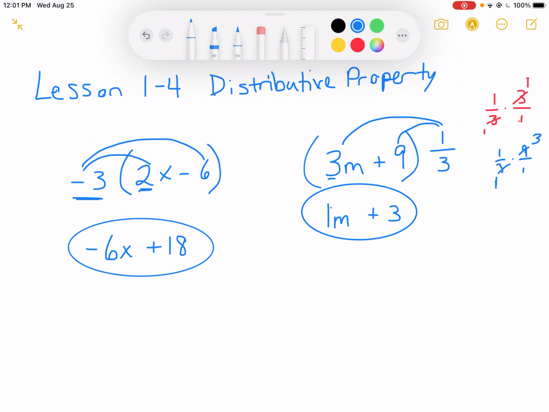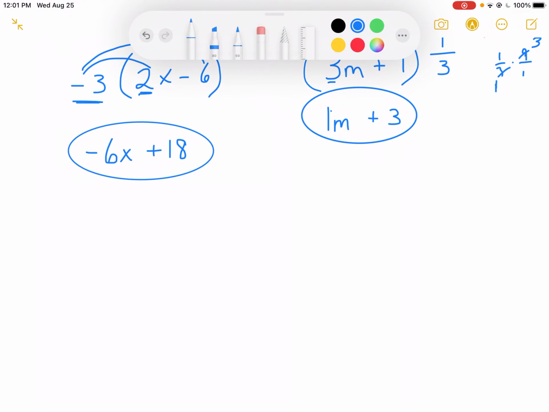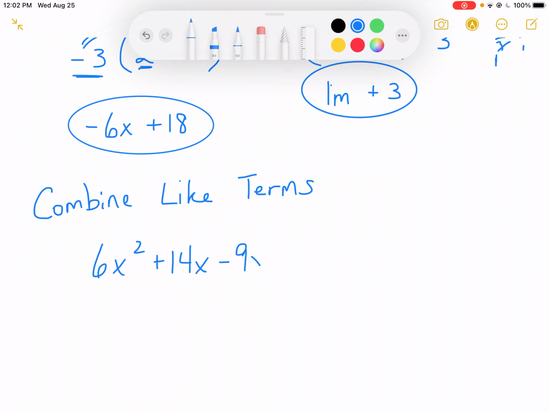Okay? The next section that they talk about, they consider it the distributive property, but really what we're doing is combining like terms. Okay? And so we have some experience with this. This is something that we do pretty well generally. Take something like 6x squared plus 14x minus 9x.